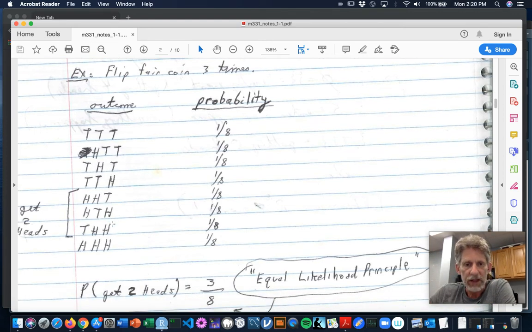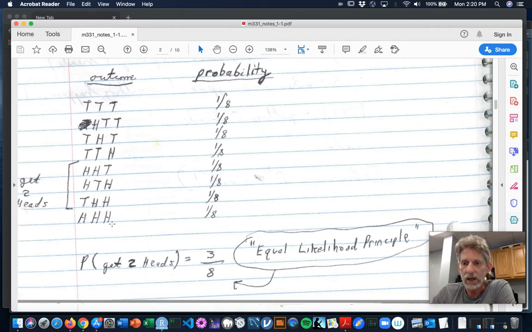But once you've got that intuitive idea set up for each of your outcomes, then you can bring in other intuition. Like say you're thinking, what's the probability of getting 2 heads? Say you want to know that probability.